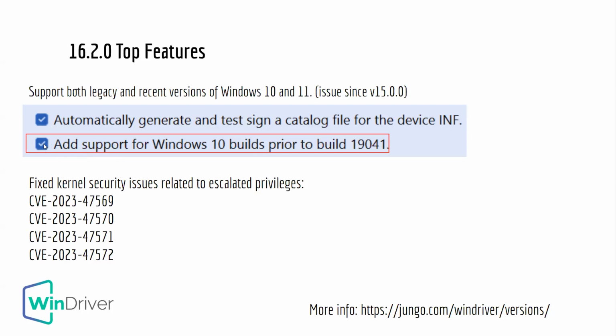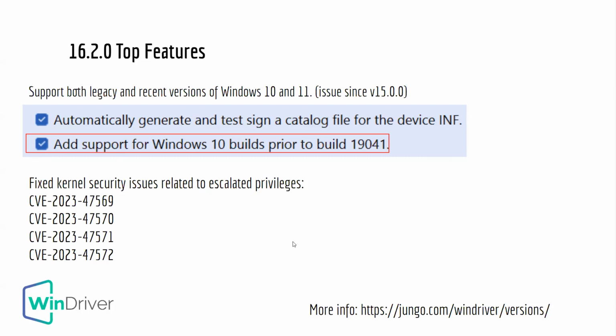If you know that you will distribute to a Windows 10 build prior to build 19.041, you should check this box. If not, it is recommended to uncheck this box because it will save time and resources for WinDriver and your driver when implemented and running on a distributed computer.